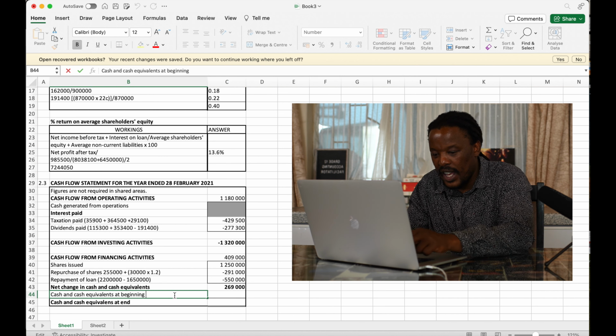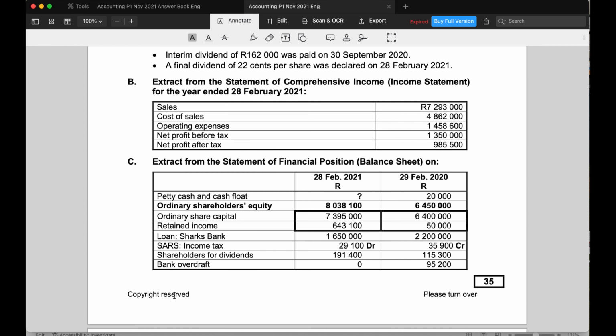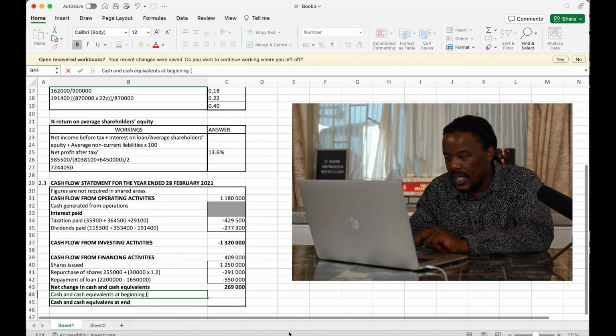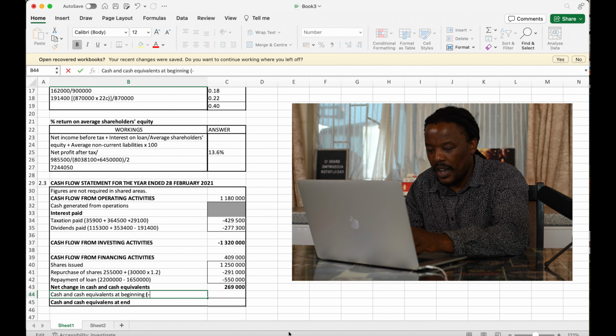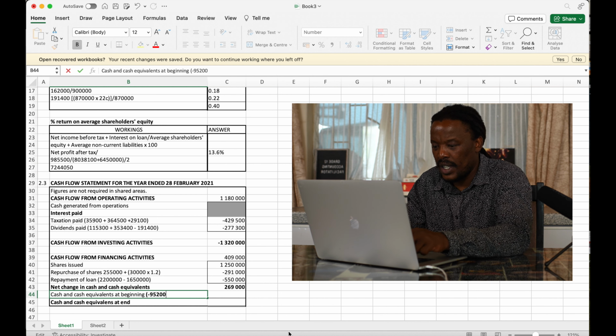And then cash and cash equivalents at the beginning of the year, we look at what is happening. At the beginning of the year we have petty cash and cash float of 20,000, as well as a bank overdraft of 95,200. So it tells us it is minus 95,200, which is the bank overdraft, plus that 20,000.